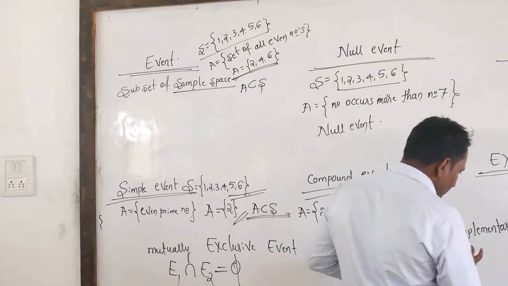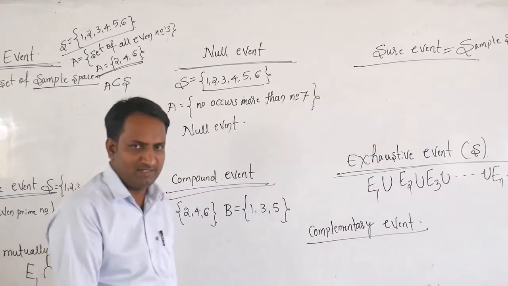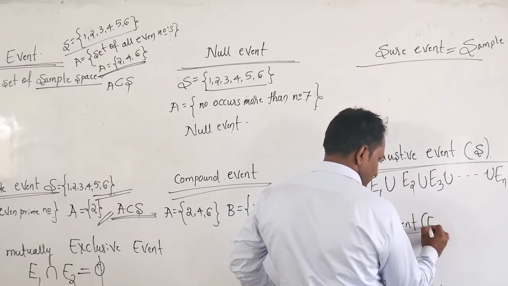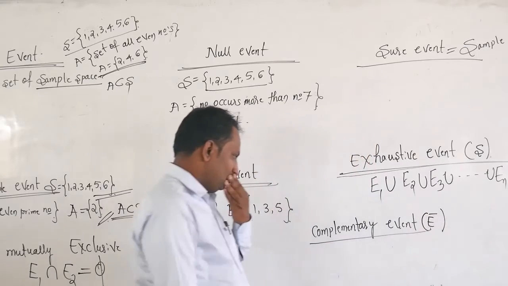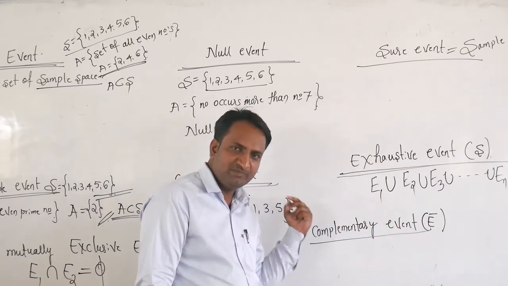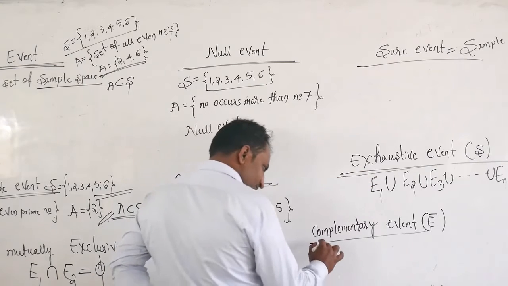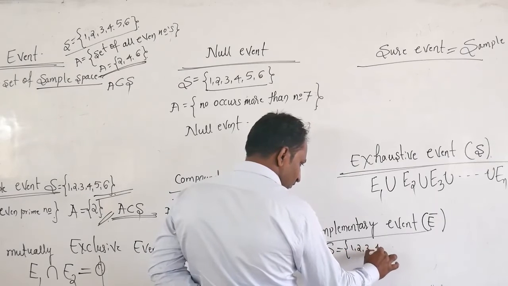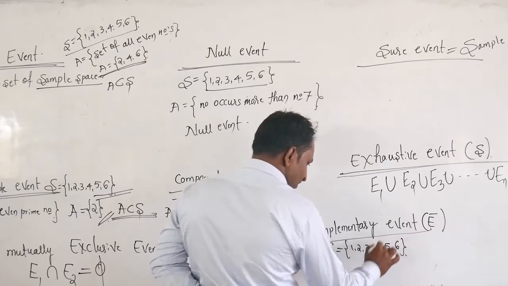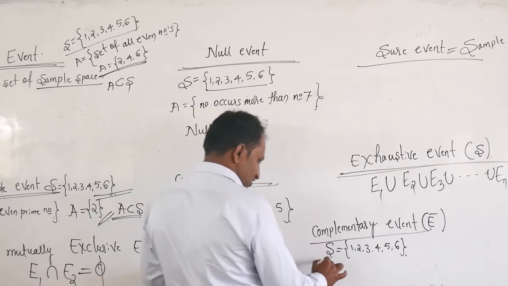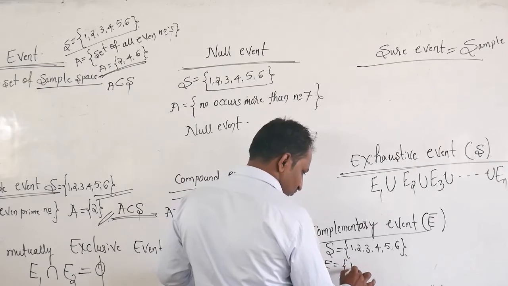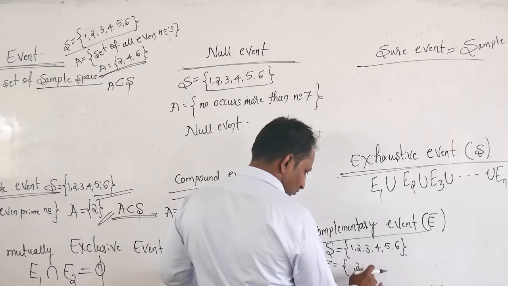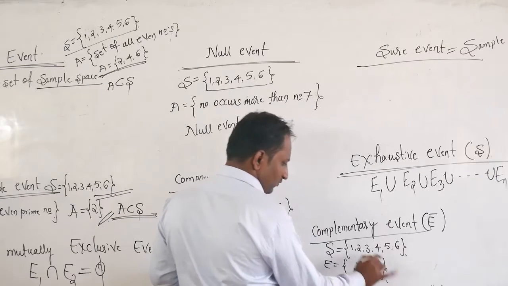The last one is complementary events. A complementary event is denoted as E bar. Here consider one sample space, that is 1, 2, 3, 4, 5 and 6. Consider one event E equal to even number occurring, that is 2, 4, 6.